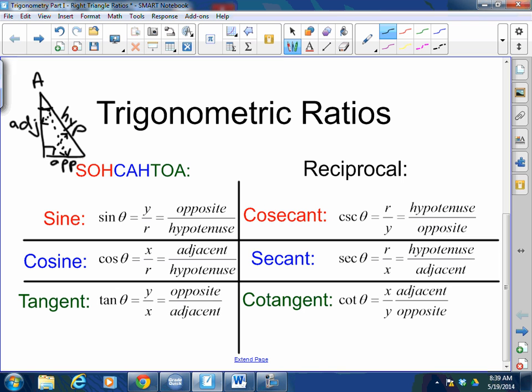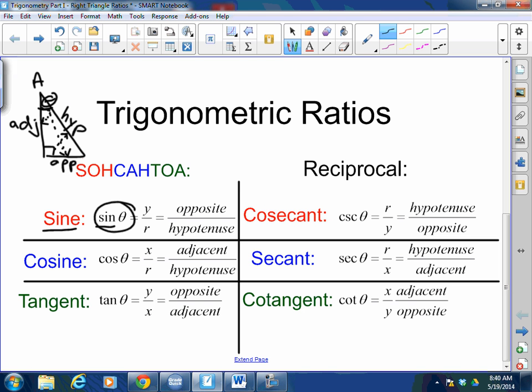So, the sine. The sine on your calculator is sin, S-I-N. The sine of angle theta, wherever angle theta is, in this case, angle theta is right here, angle A, it's opposite over hypotenuse. So the opposite side of that angle over the hypotenuse will give you a value for the sine.